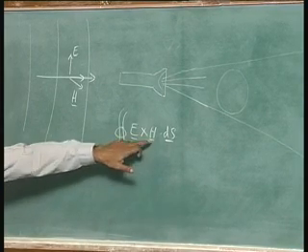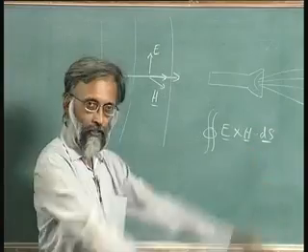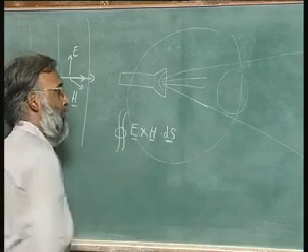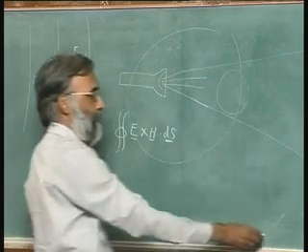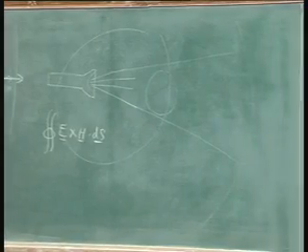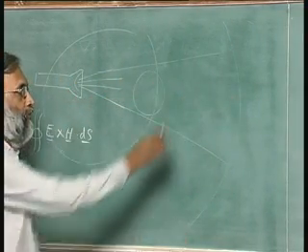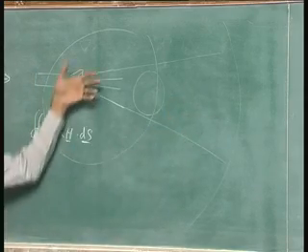What you have is E cross H dot ds is independent of how far away I measure it. If I measure using a surface like this, I will get one answer. If I measure using a surface like this, I will get the same answer. That is because the same wave is going through, there are no sources here. So, I should get whatever came in must leave.